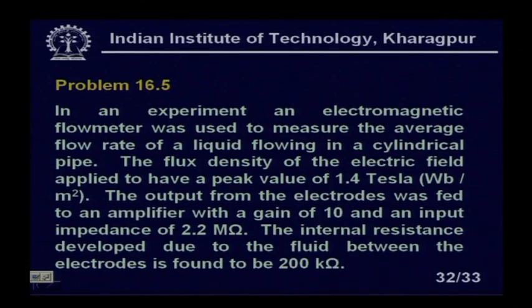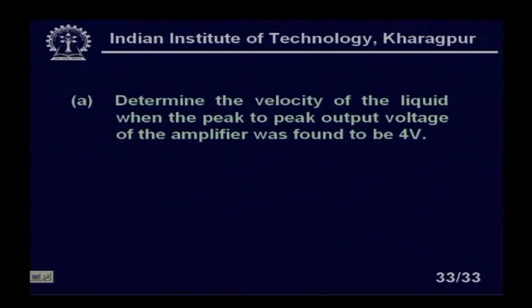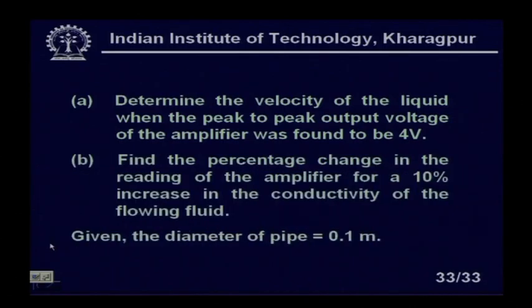The internal resistance developed due to the fluid between the electrodes is found to be 200 kilo ohm, right. Now, determine the velocity of the liquid when the peak to peak output voltage of the amplifier was found to be 4 volt, and find the percentage change in the reading of the amplifier for a 10% increase in the conductivity of the flowing fluid, given the diameter of the pipe as 0.1 meter, right.